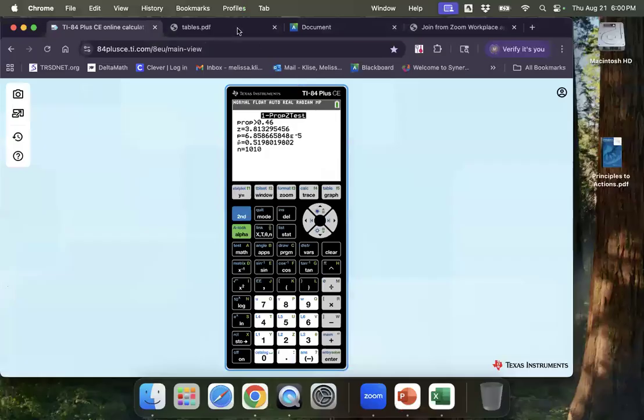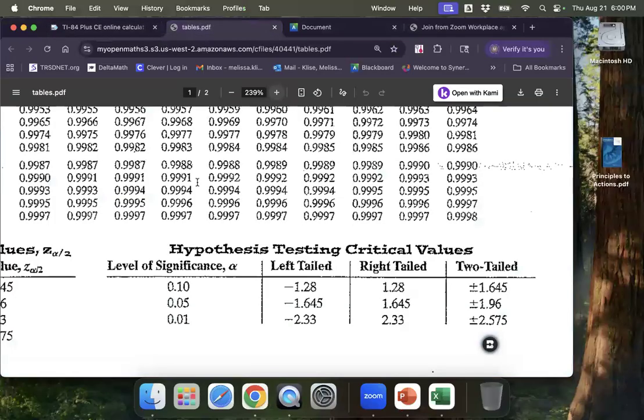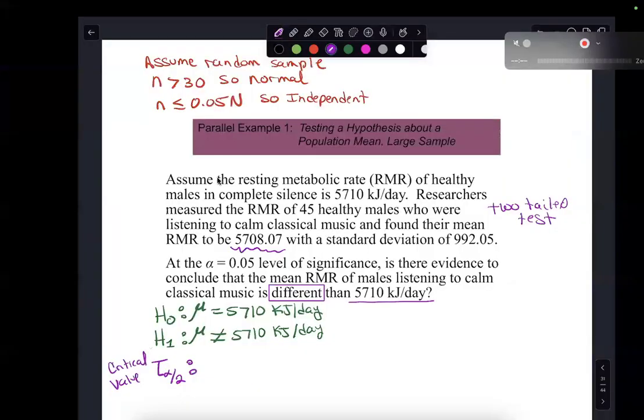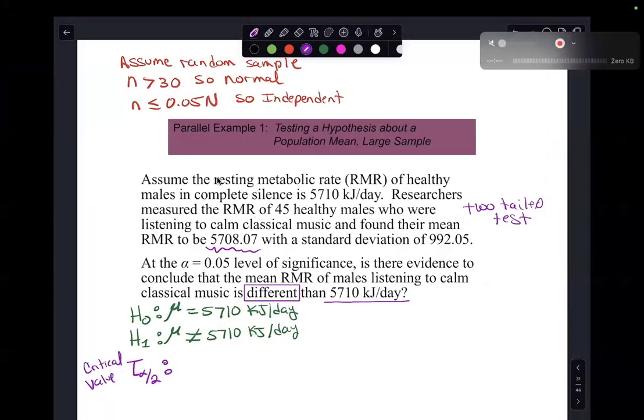This one makes it a little trickier. My alpha is 0.05, but because it's two-tailed, we're going to do 0.025.